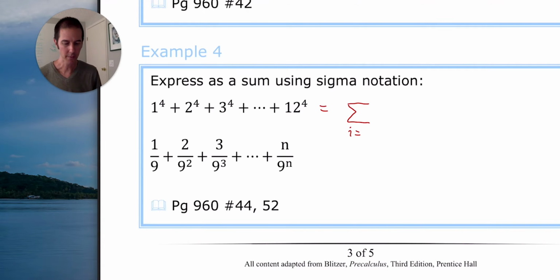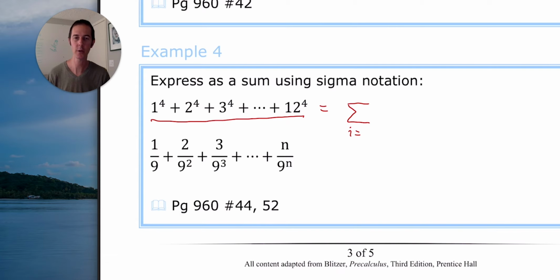Look over at the sum that's happening here. Are there any numbers that are changing, and are there any numbers that are staying the same? Let's look at the numbers that are changing first, because those are going to be the I values that are increasing, perhaps starting at 1 and ending at some other value. So the numbers that are changing over here are definitely the 1, there's a 2, there's a 3, there's, presumably, a 4, 5, 6, 7, 8, 9, 10, 11, 12.